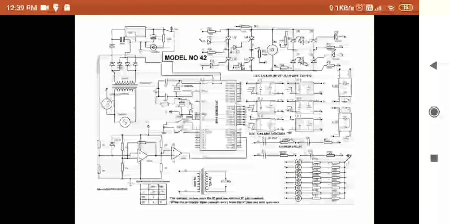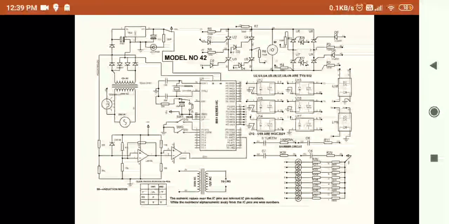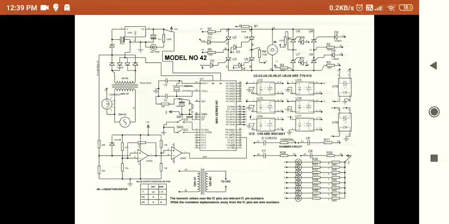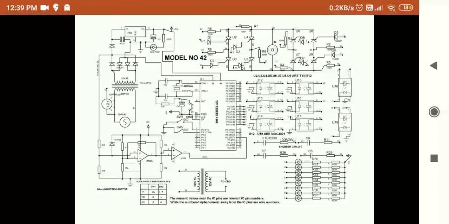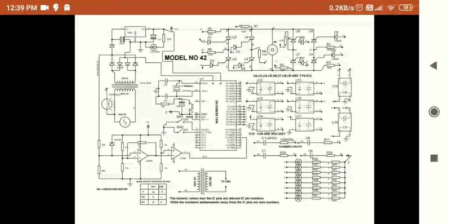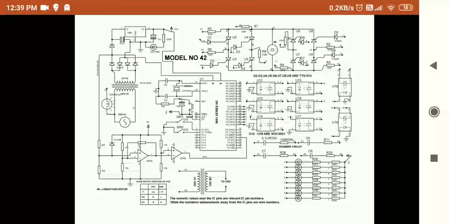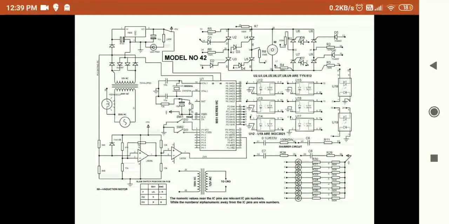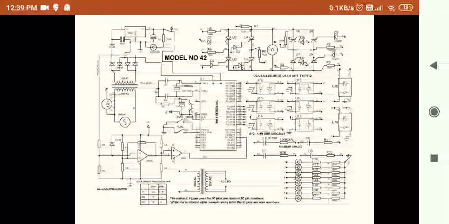The circular thing represents the induction motor, which is marked as IM, then positive negative converters, then the opto isolator, which is used to provide electrical isolation between the microcontroller which runs on 5 volt and the SCRs which are running on direct 230 volts.